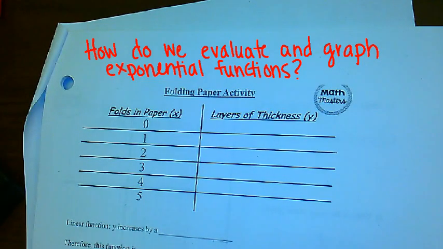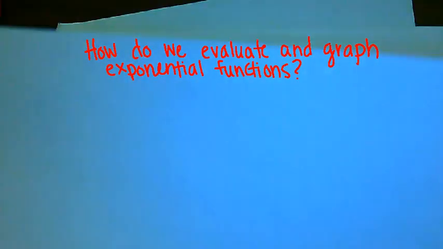So the first thing I'm going to do is a paper folding activity. All this is saying is we want to know the layer of thickness depending on the piece of paper. So now I have a piece of paper.